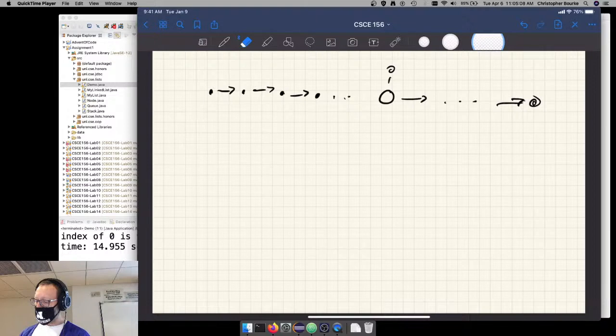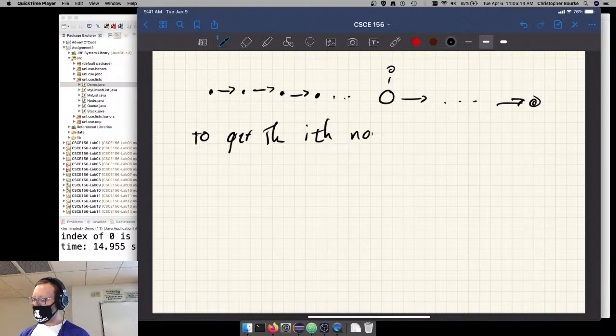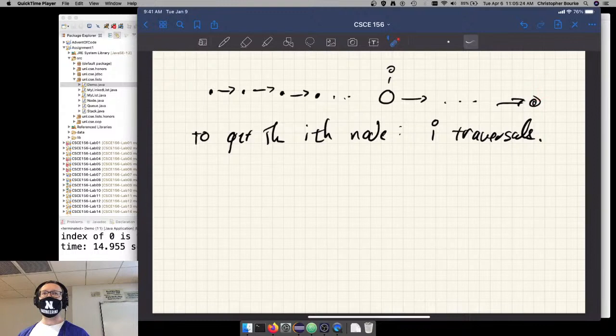So to get the ith node requires i traversals. And if you're searching for something at the very end, or it's an unsuccessful search, in which case you've traversed all of them, and then you've gotten to the end and there's nothing there, then you return -1, I think is what we chose to do, or return null or something like that.